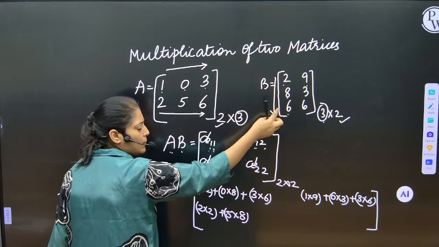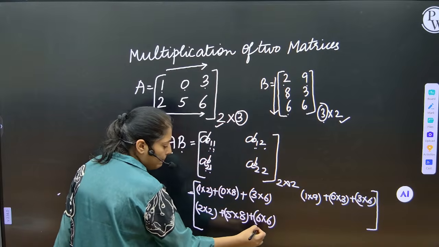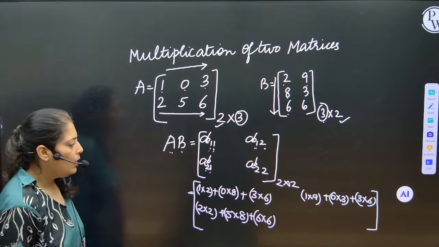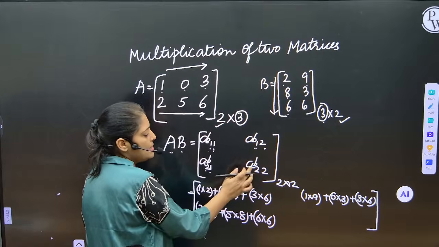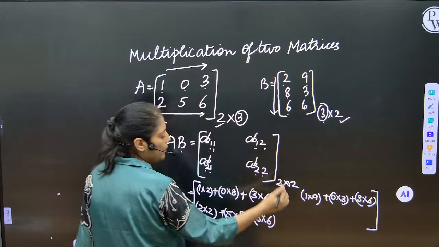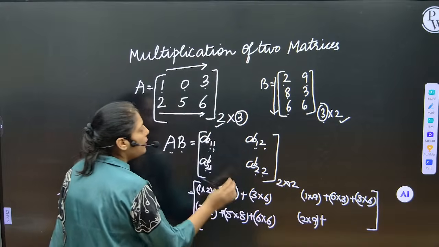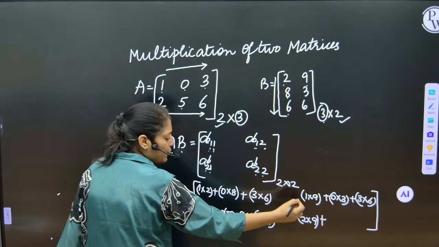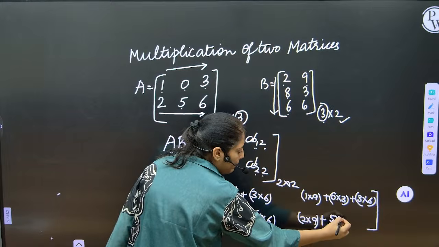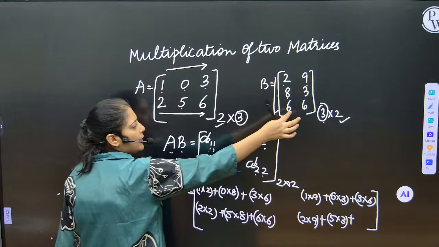Now 6 will be multiplied with 6. Okay. Similarly, second row, second column. So 2 into 9, 5 into 3, 6 into 6.